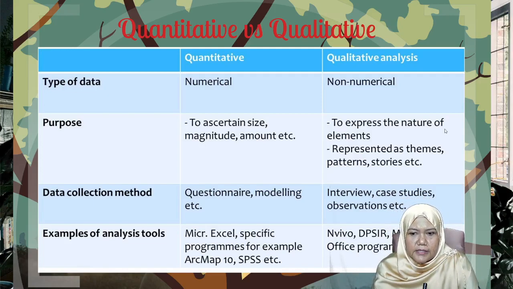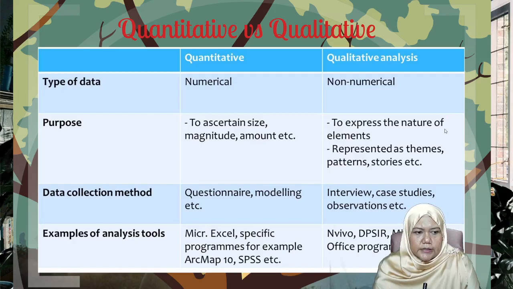But from my experience, for quantitative data collection, I analyze it using Microsoft Excel and specific programs, for example ArcMap 10, SPSS, whatever tool I can use to represent or analyze my quantitative data. If I'm dealing with qualitative data, there are some tools, for example NVivo, DPSIR, Microsoft Office programs, etc.